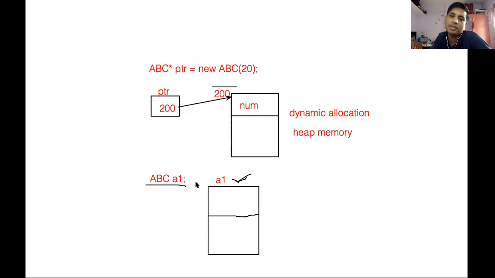But if you are using ABC A1, A1 is created on stack memory. That is the second difference. So if you are using the new keyword, the object created is stored in heap memory, and if you are using ABC A1 directly, the object is stored in stack memory. So where you want to store your object, just use that technique. Getting this point?